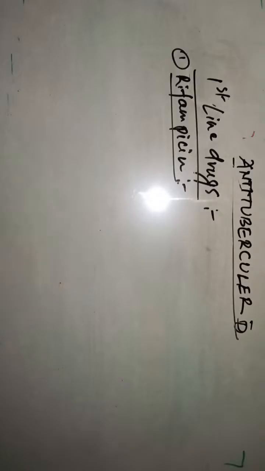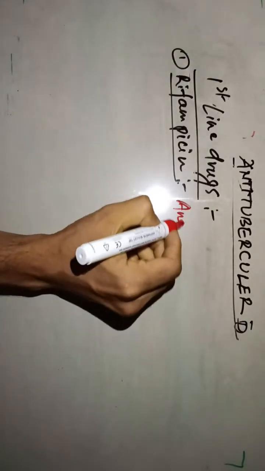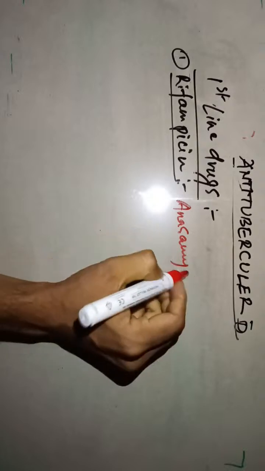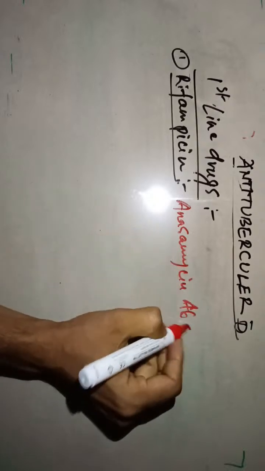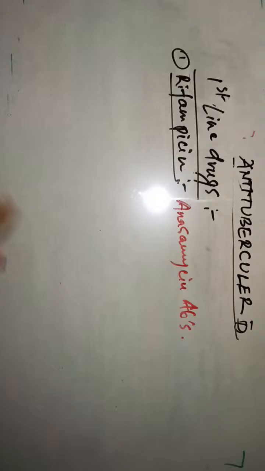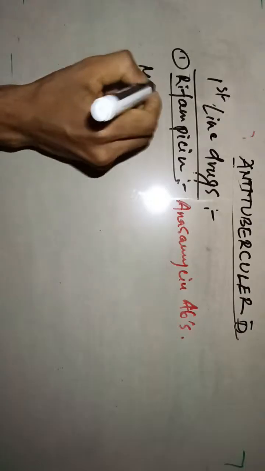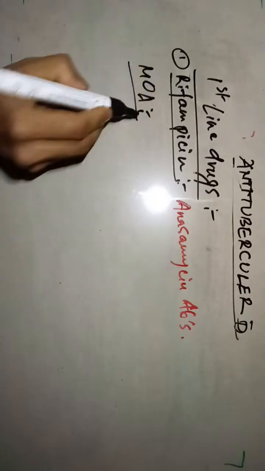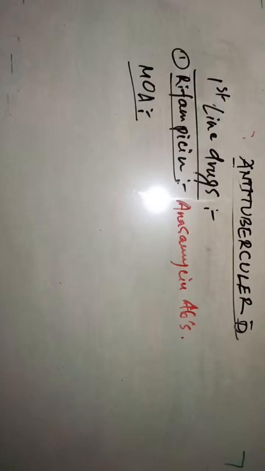It is also called an ansamycin antibiotic. What is the mechanism of action of rifampicin? Simply, it inhibits the RNA polymerase enzyme activity.